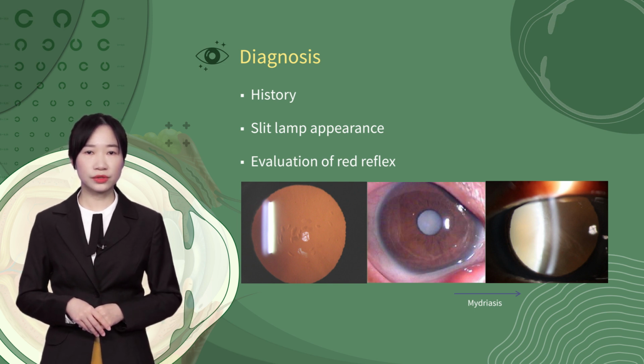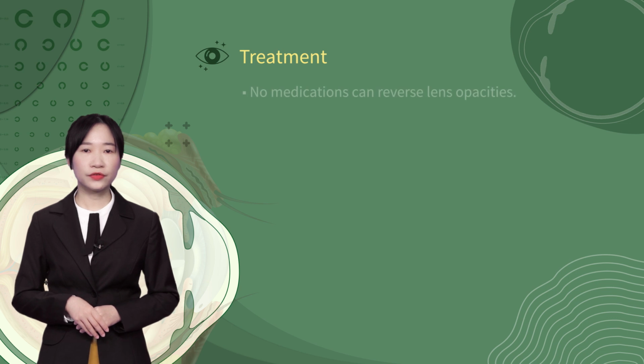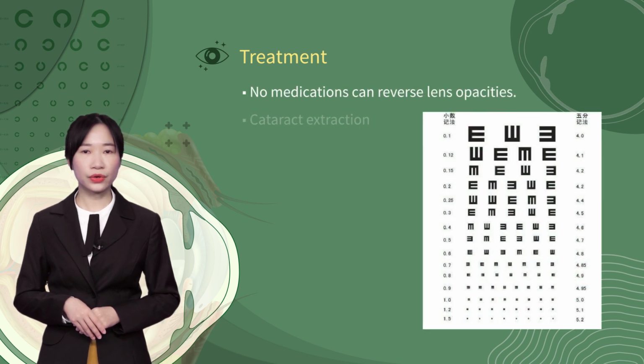Mydriatic examination with pupils dilated is necessary to evaluate the severity of cataract and to find out additional changes, such as macular degeneration. We need to find out how much the cataract contributes to the vision loss. Research on pharmacoreversal of cataract is still ongoing.